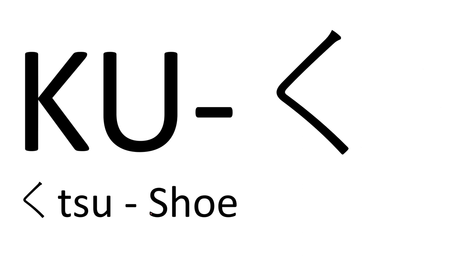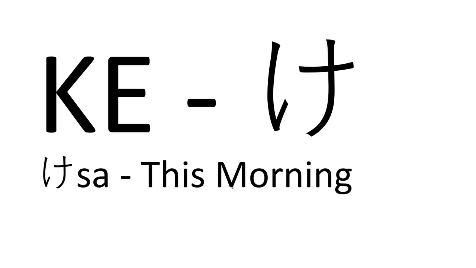The next one is Ku. First stroke. It becomes one stroke. Okay, the word with it is kutsu. Kutsu means shoe. The next one is Ke.